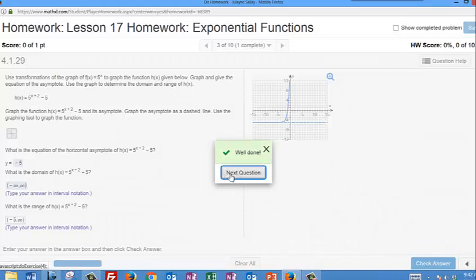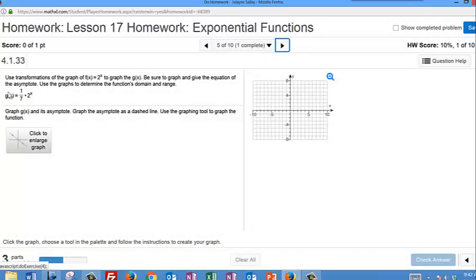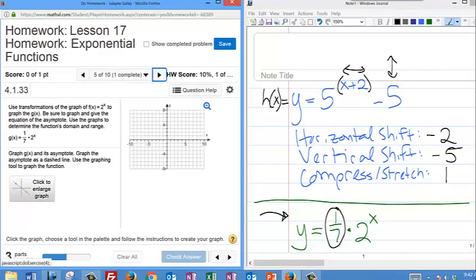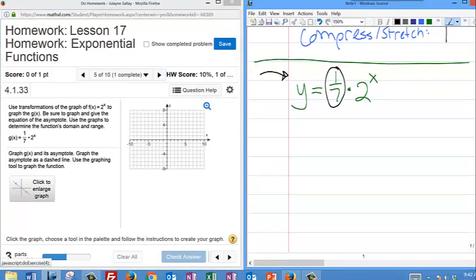Okay, so I'm going to do one more problem with a compress or stretch. Let's pull up my scratch paper. So on this problem, I have no horizontal shift.